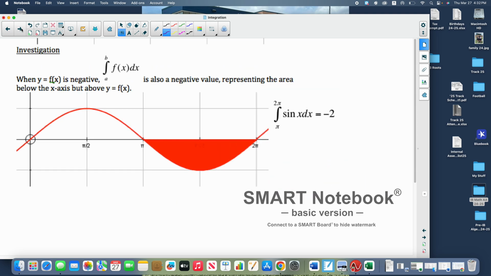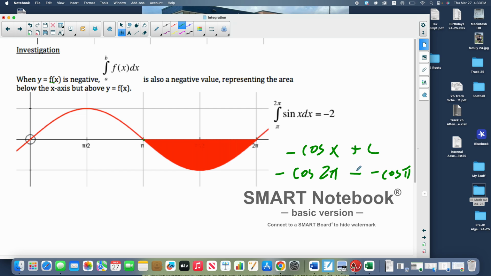If I were to do this same thing, but now I'm going to find this area, now I'm going from pi to 2 pi. Same integral. It's negative cosine of x. I'll plug that in. So I'm going to plug in negative cosine of 2 pi minus negative cosine of pi.